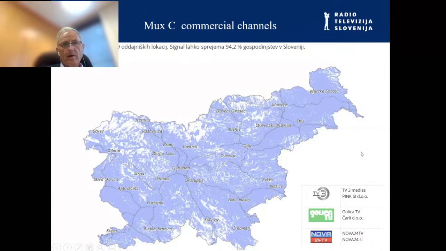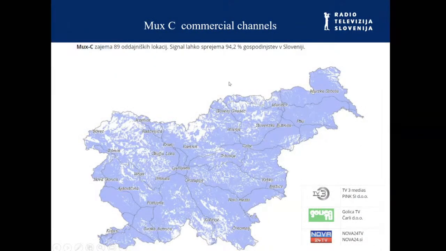The second, MUX C, has 89 transmitting locations, and the covering area is somewhere around 94% of Slovenian households. At the moment, only 3 commercial channels are distributed in this multiplex.